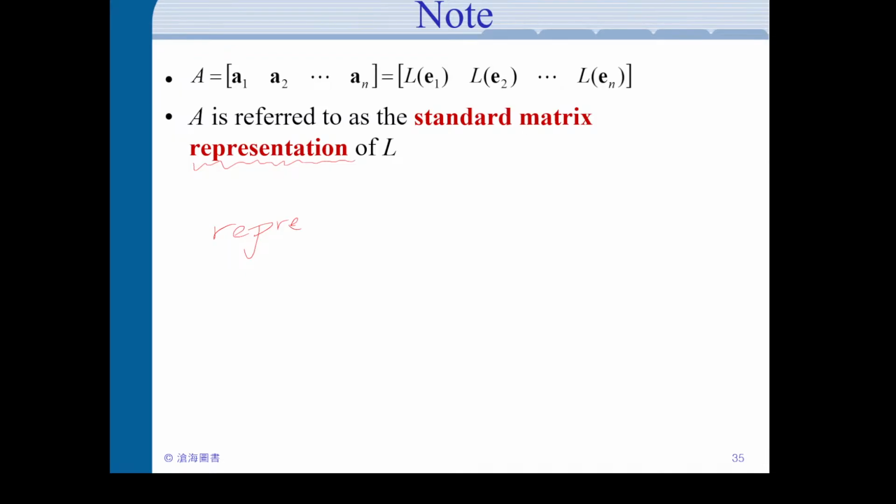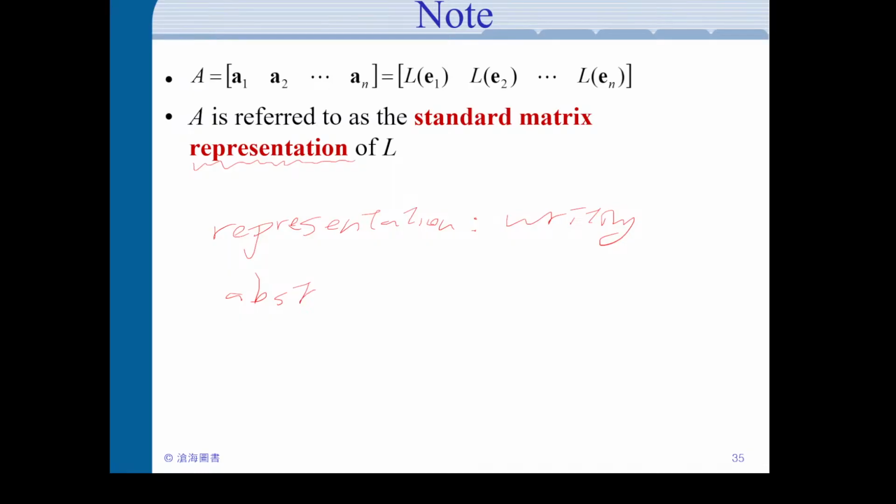Whenever you have an abstract mathematical concept or abstract algebraic concept, and you write it as a matrix, then it's called a representation. So a representation just means writing an abstract concept as a matrix.